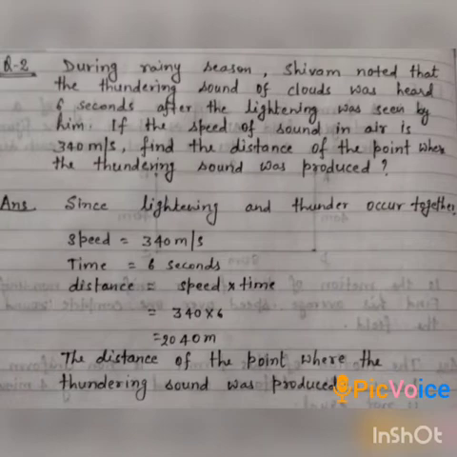Now, as you know, lightning and thunder occur together, the speed of sound is given, that is 340 meter per second, and time is 6 seconds. Now the distance is equal to speed multiplied by time, that is 340 multiplied by 6, and the product is 2040 meter. So the distance of the point where the thundering sound was produced is 2040 meter.